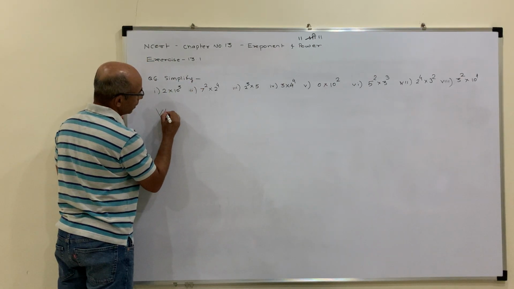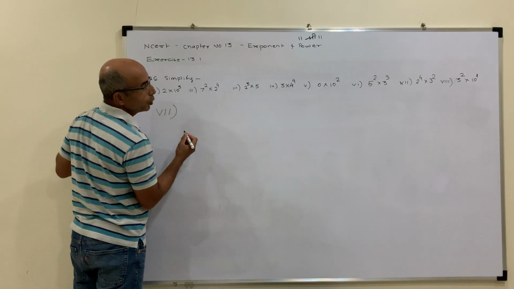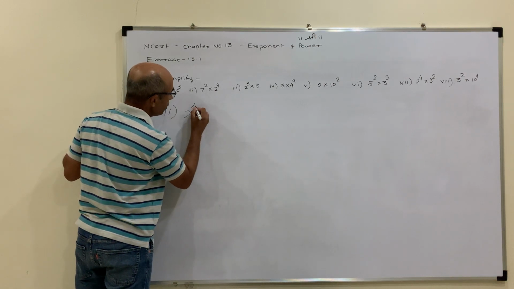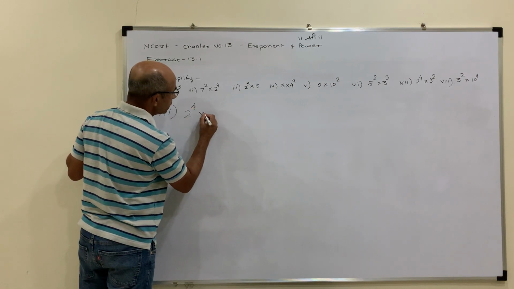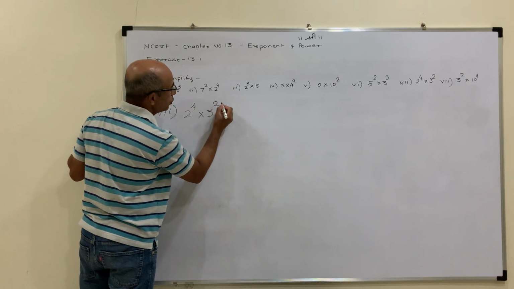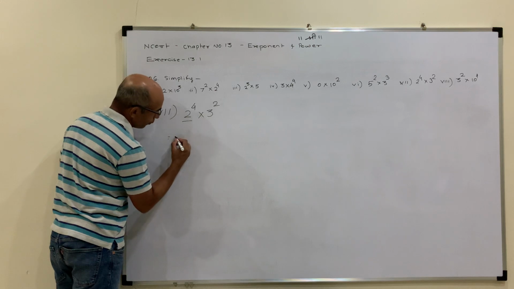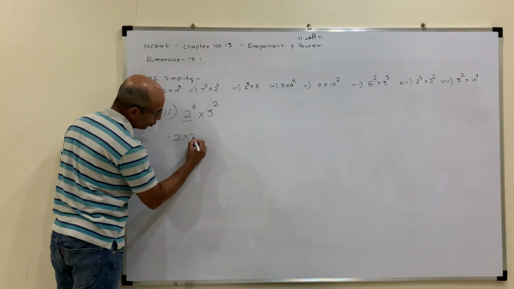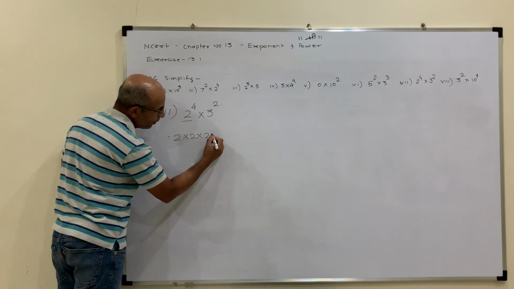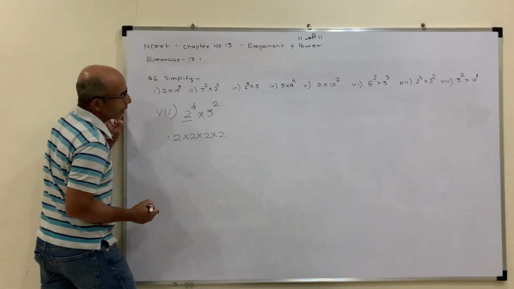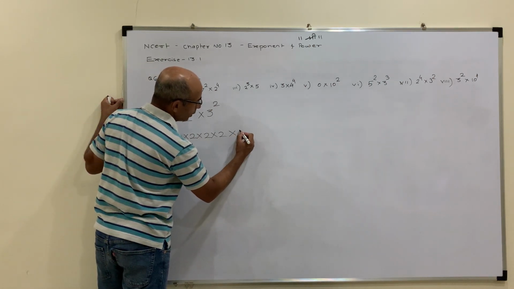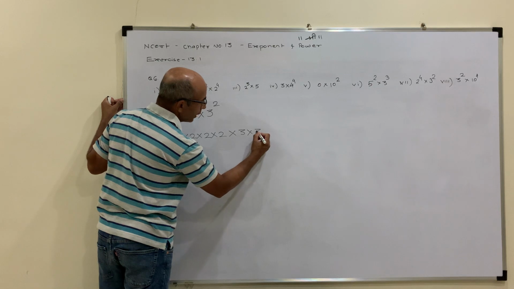Problem 7: 2 raised to 4 into 3 raised to 2. So in my next step I will put 2 raised to 4, so 2 into 2 into 2 into 2, and then 3 square, so 3 into 3.